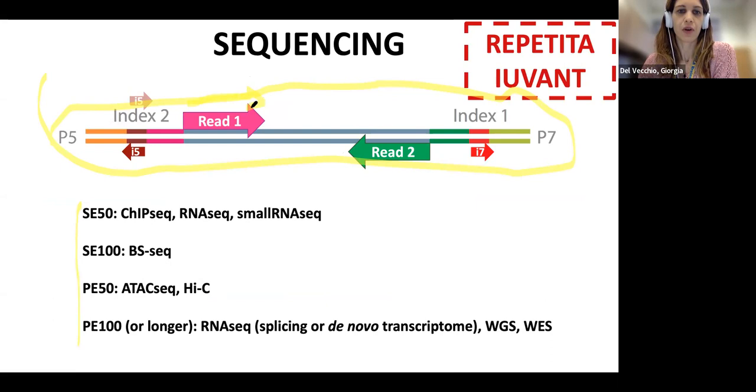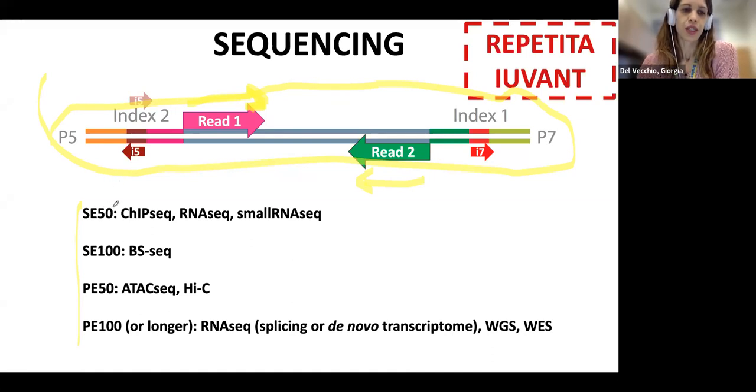So our final product is a double-strand DNA. So if we want to have just one read, it's going to be from one strand only. If we want to have paired ends, we are going to have two reads, one from the first strand and one from the opposite strand.